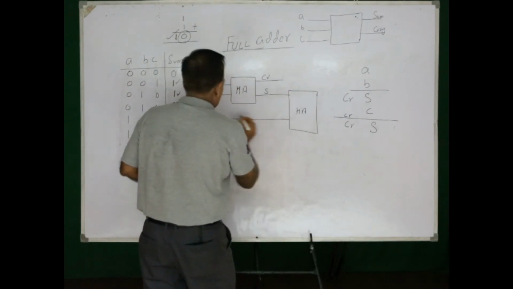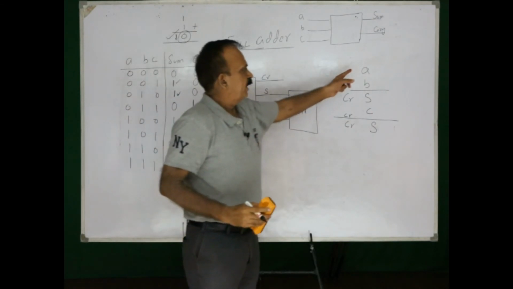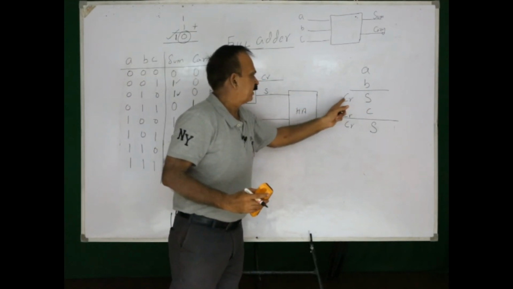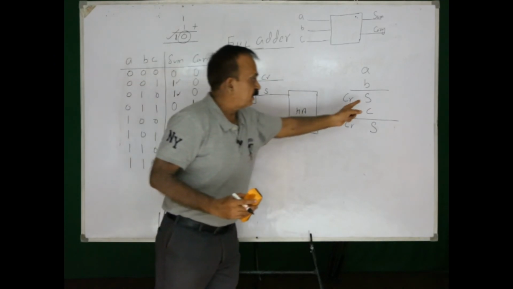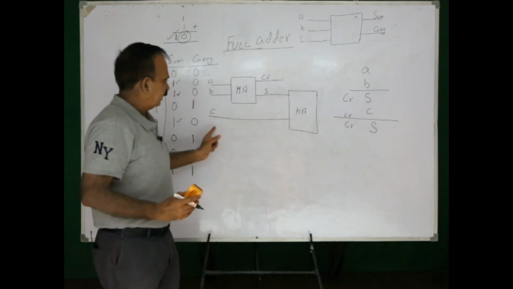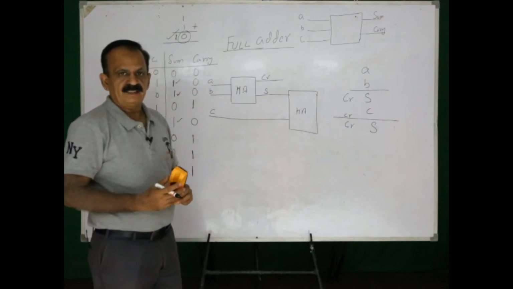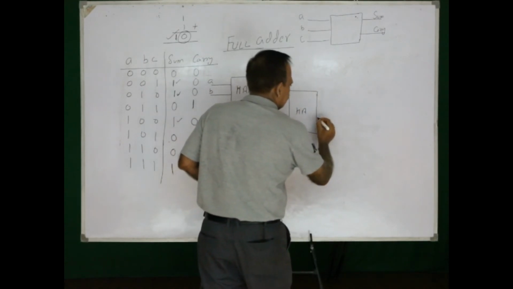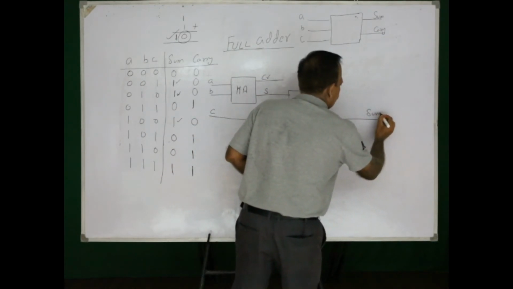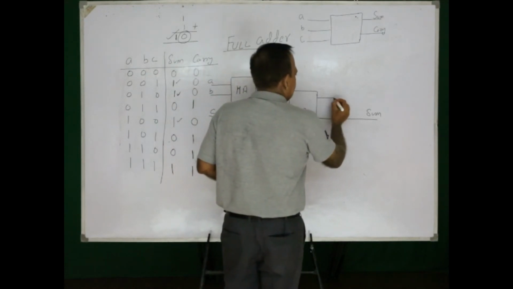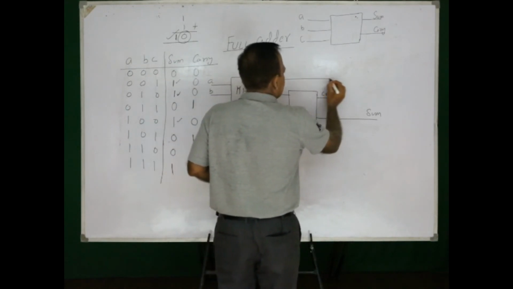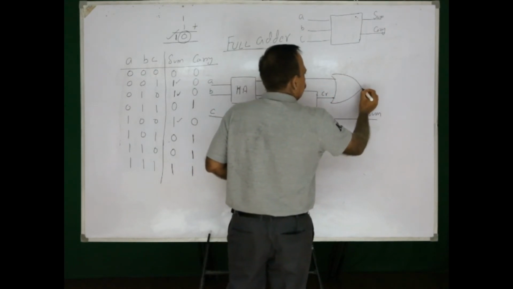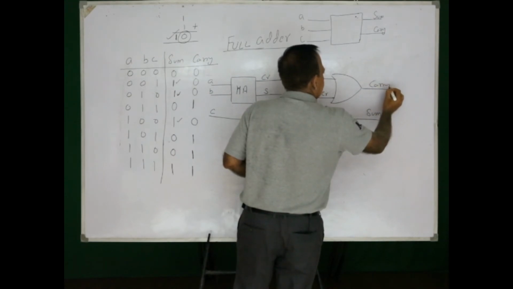A and B are added, I get the sum and the carry, and then to the sum value I add the third bit, and that bit is C. Now, there will be a final sum value, this one, and carry can be either from the first stage or from the second stage, and for implementation of the OR expression I will use an OR gate, this is carry.